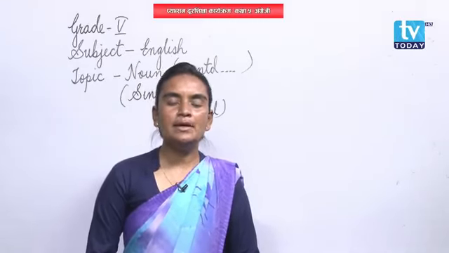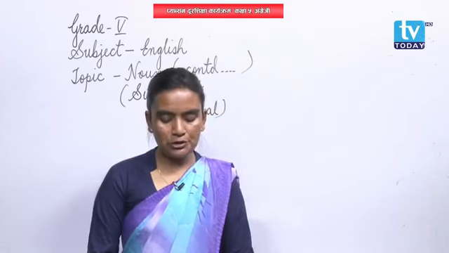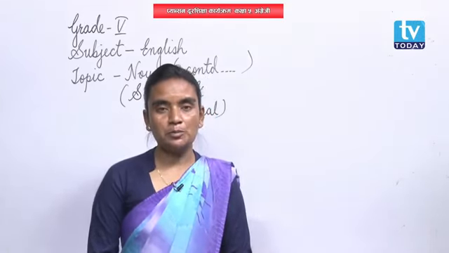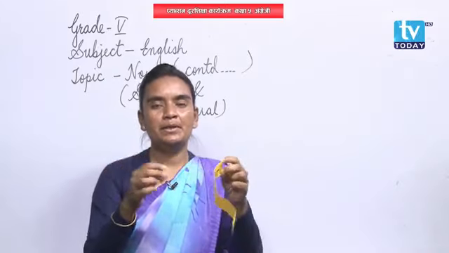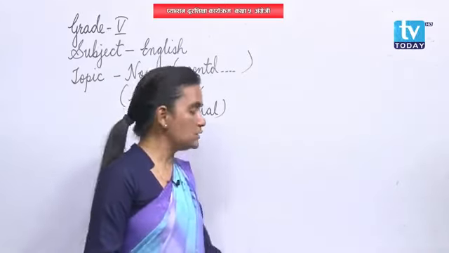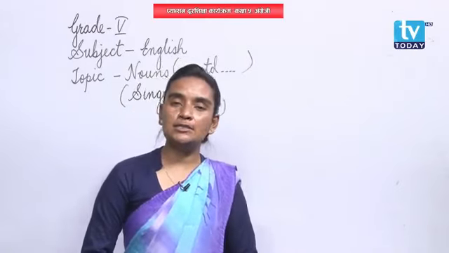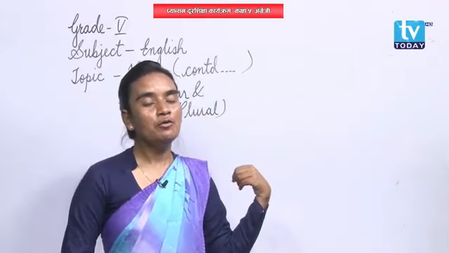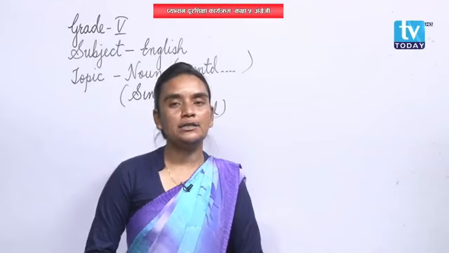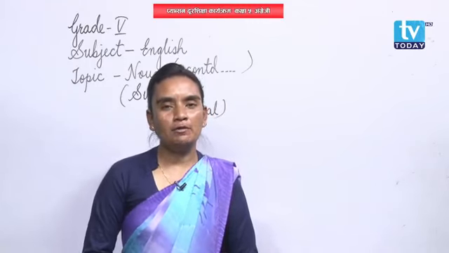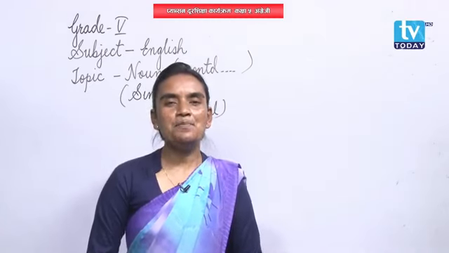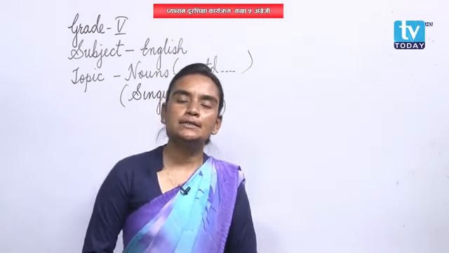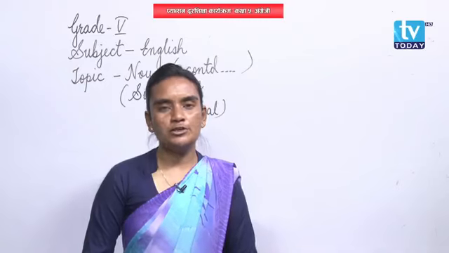So, dear children, now we have another question in this question ball. It's called what is noun? Can you tell me? That was the title of our last lesson, and today we also have a similar title. What is noun? Noun is the naming word. Simply, if we have to define, then it's naming words.